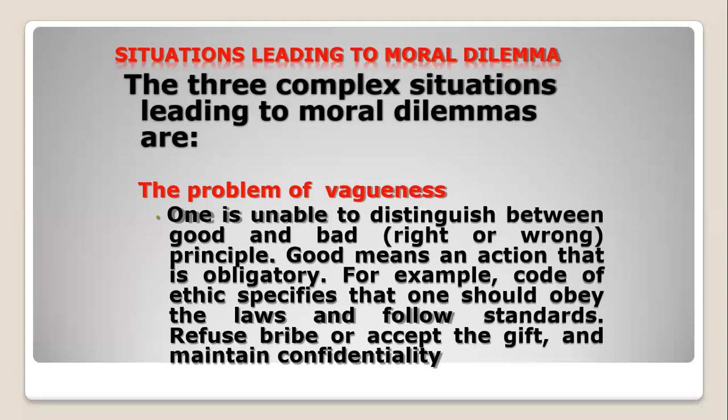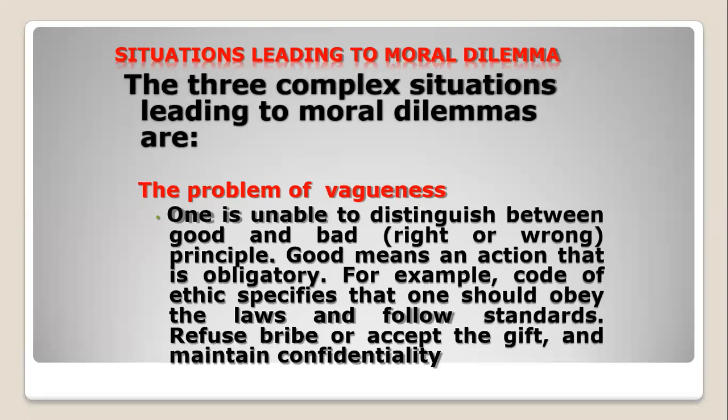Let us see one example regarding the problem of vagueness. Consider an engineer starting a new assignment as a quality inspector, checking the incoming raw materials or spare parts from the suppliers. A supplier, on behalf of some festival like Diwali, offers him an expensive DVD player as a gift.